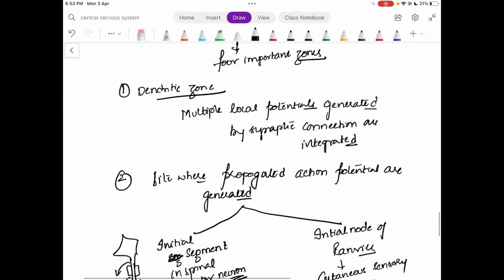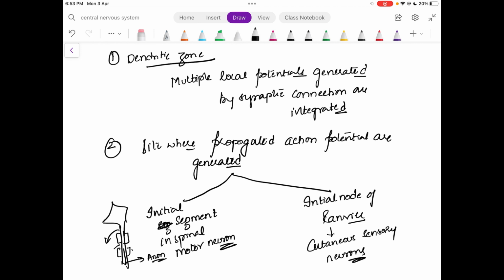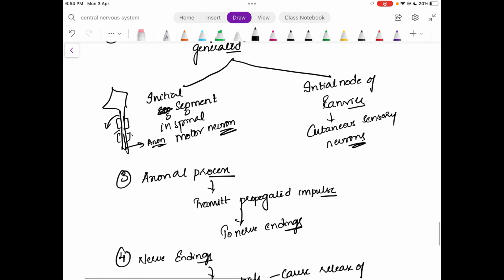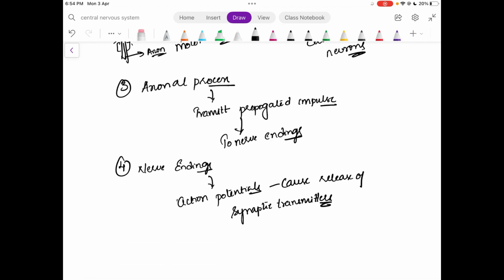So we have four zones. One is the dendritic zone, which receives the signal, and second is the zone where an action potential is generated, and the place where this action potential is transported to the nerve endings through the axonal process, and at the nerve endings we have vesicles, and these vesicles will contain neurotransmitters, and this action potential will cause release of neurotransmitters, and these neurotransmitters will be of two types, either inhibitory or excitatory neurotransmitter.